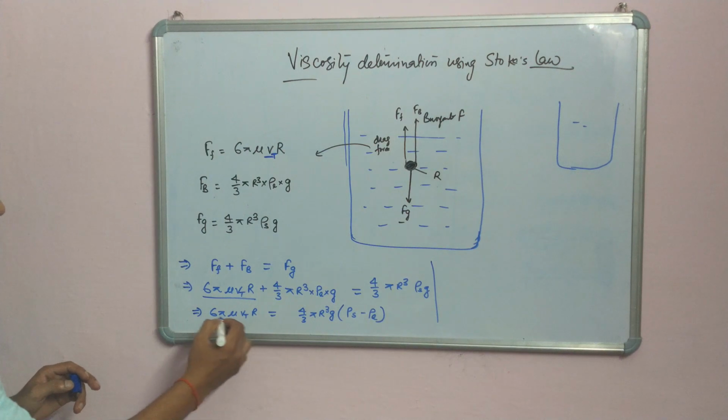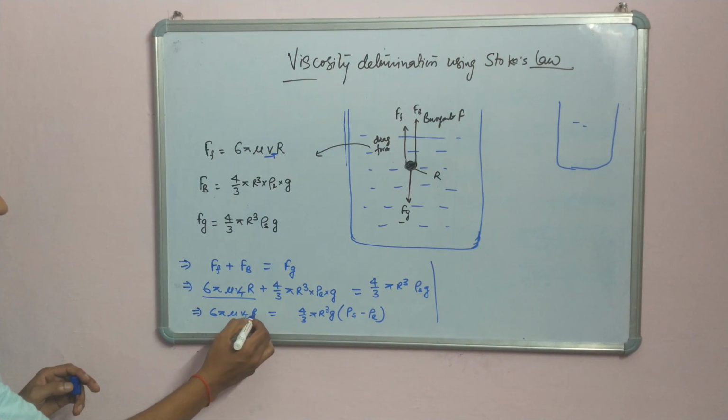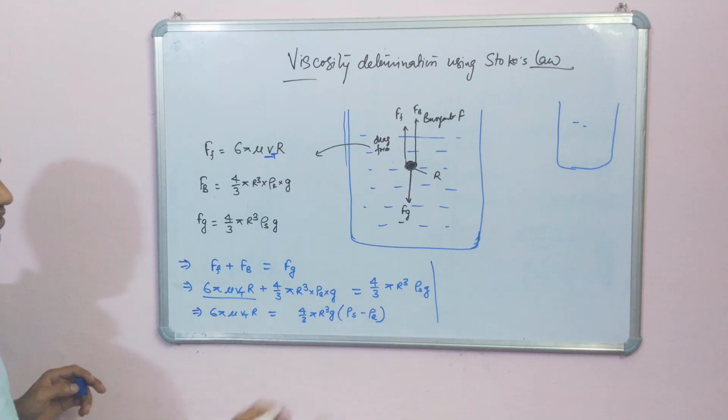Okay. So next step, what can we do? We will write this mu and take the 6 pi Vt R to the right hand side. So sorry, this is your mu, that is viscosity.